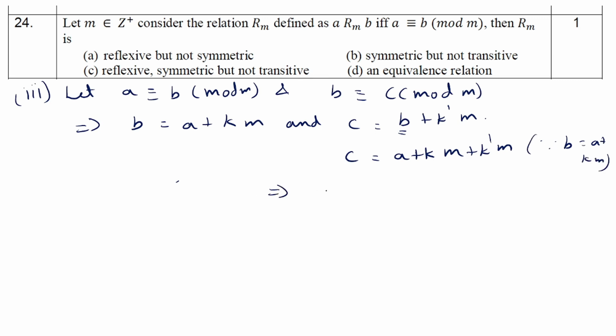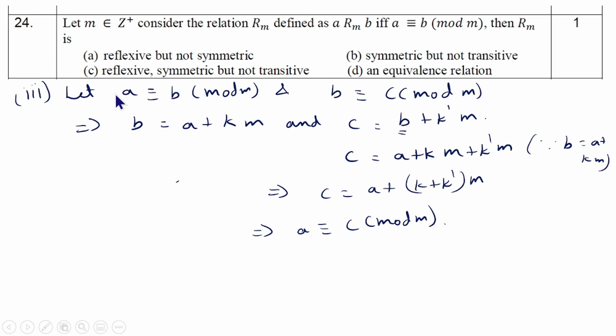So this implies C is equal to A plus K double dash into M. Now we can see that A is congruent to C mod M.